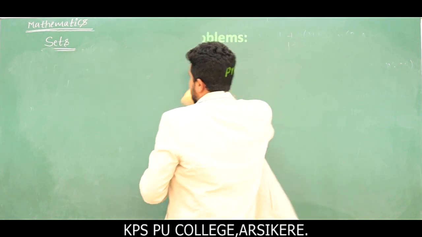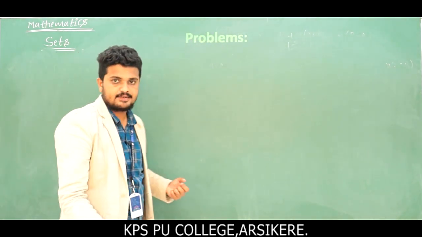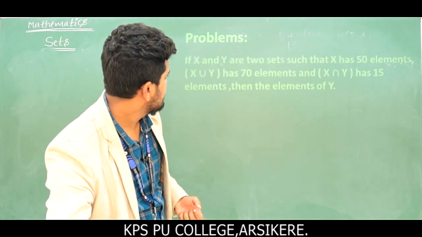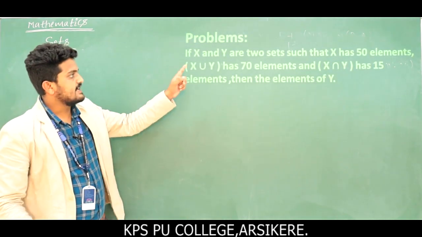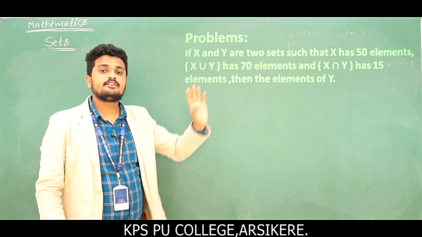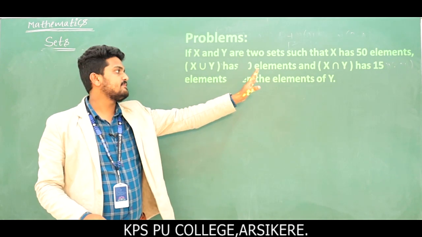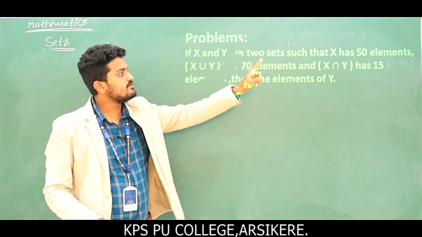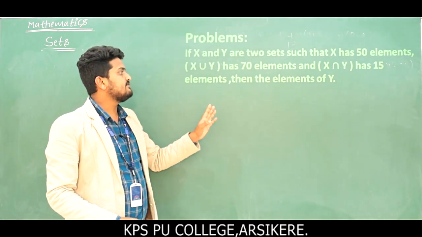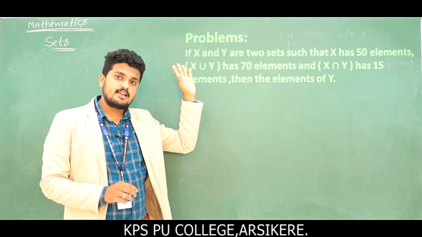So in that first one, if x and y are two sets such that x has 50 elements, x union y has 70 elements, x intersection y has 15 elements, then find the number of elements of y by using the last formula.